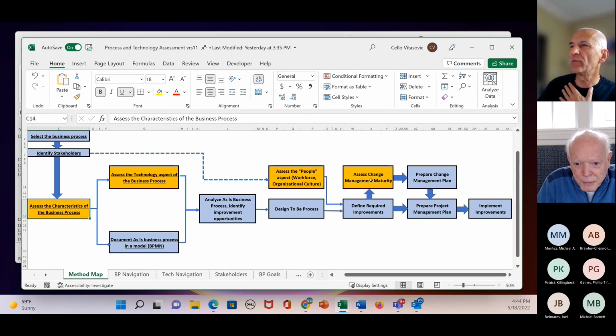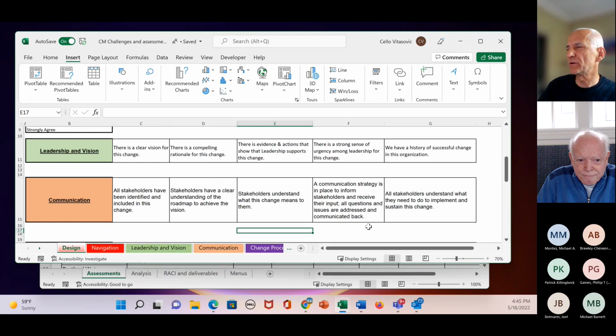Change management will come after we've looked at the people and processes and defined the change, so that as we're defining the required improvements and preparing a plan, that's when we would conduct this. Does this make sense, Michael? Absolutely. I had this weird impression that it was coming way earlier in the process, but the questions all make sense given where it fits in on this diagram. Okay, so it's kind of the last one in sequence. Thank you for the question.